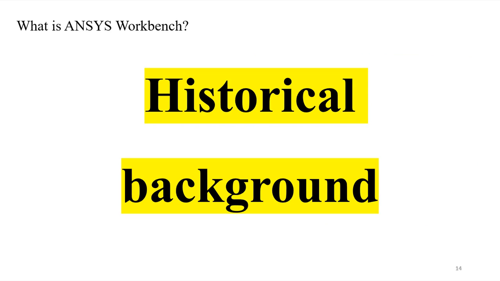To tell you about the historical background, the first commercial version of Ansys software was labeled version 2 and released in 1971. At the time, the software was made up of boxes of punch cards, and the program was typically run overnight to get results the following morning.